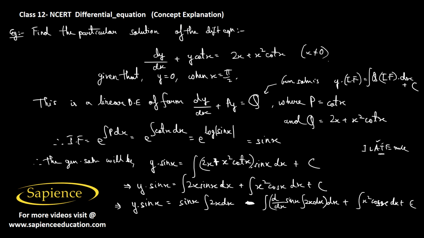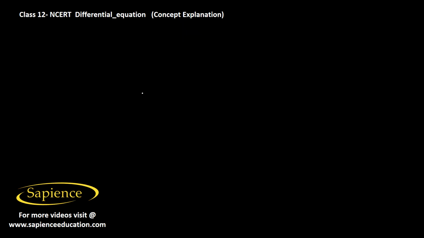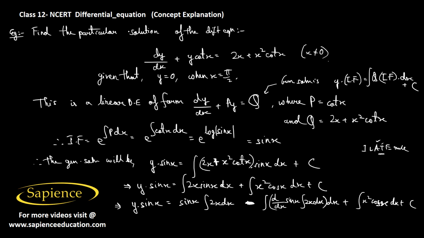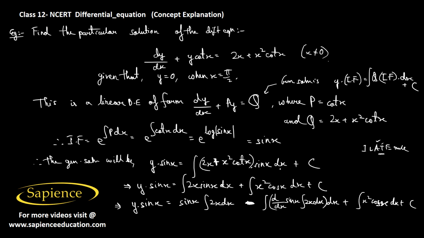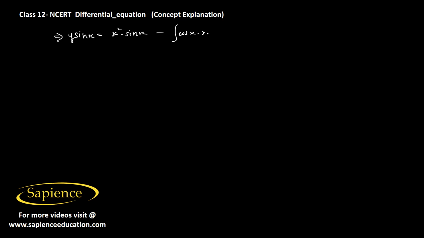dx plus c, obviously. So this implies y sin x equals integral 2x dx, which is x square into sin x, minus d by dx of sin x, which is cos x, into integral 2x dx, which is x square, dx, then plus integral x square cos x dx plus c.